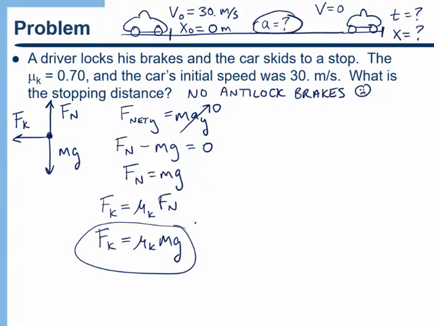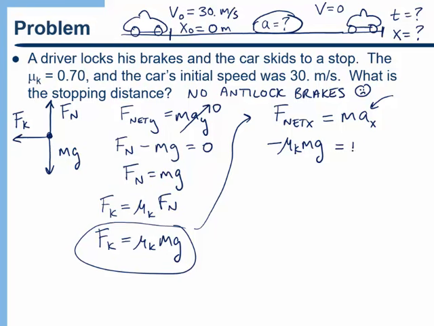Now let's look at the x direction, and we're going to be plugging in that Fk. The net force in the x direction is the mass times the acceleration. And again, that's what we're trying to find. We need to know the acceleration, and then we should be able to do kinematics to find x. The only force acting is Fk, and it's acting to the left, so I'm going to put in negative mu k mg, and then max on the right.